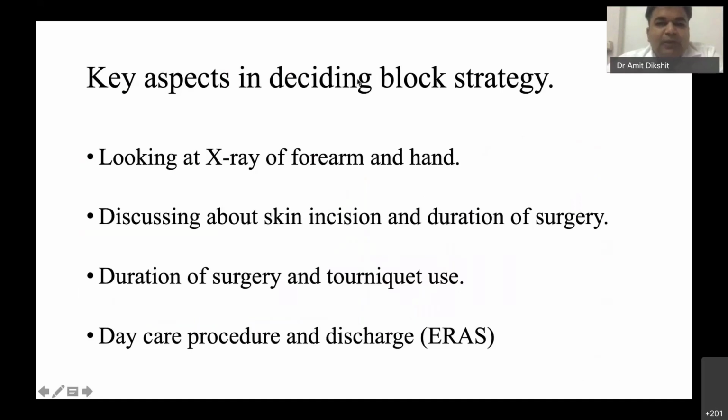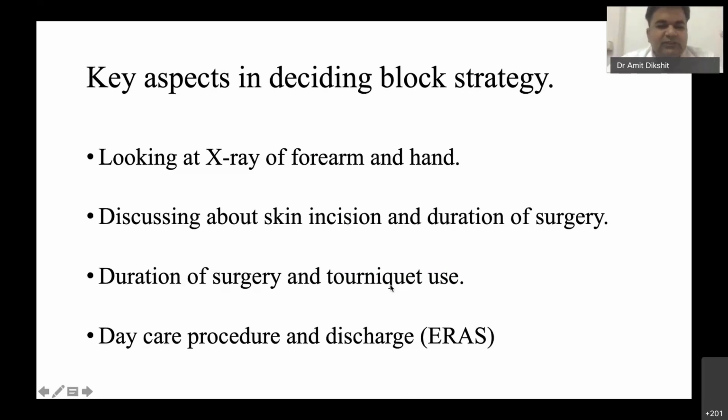So what are the key aspects in deciding the block strategy? First, look at the X-ray of the forearm and arm, and discuss the skin incision and duration of surgery. IVRA, as my previous speaker was describing, has limitations when the surgery is limited to 45 minutes or a maximum of 1 hour. If the surgery takes longer, we need this type of site-specific anesthesia, whether a tourniquet is used or not.